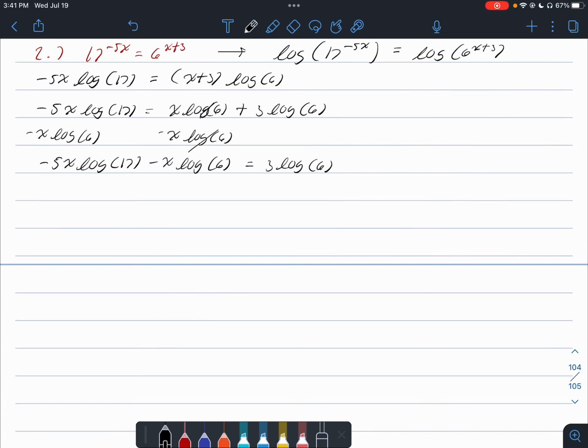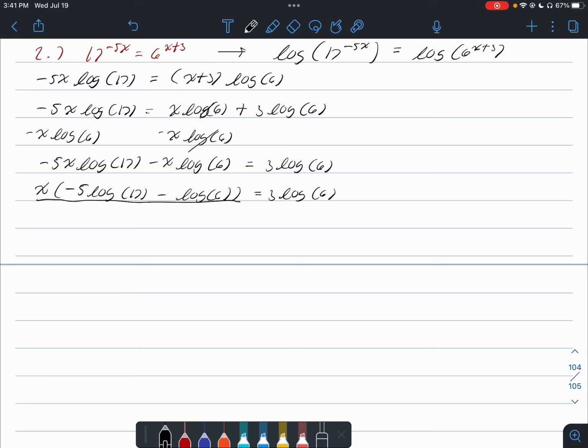So let's see if we can just pull an x out over here. They both have an x in common, so we'll have x times negative 5 log 17 minus log 6 is equal to 3 log 6.